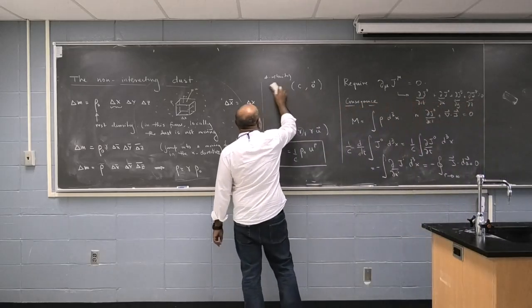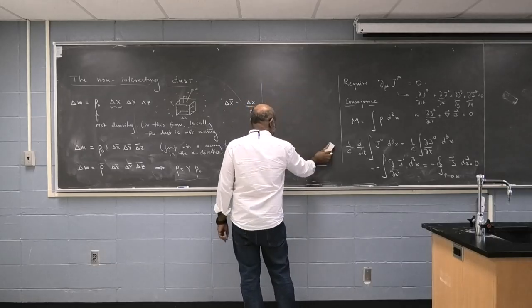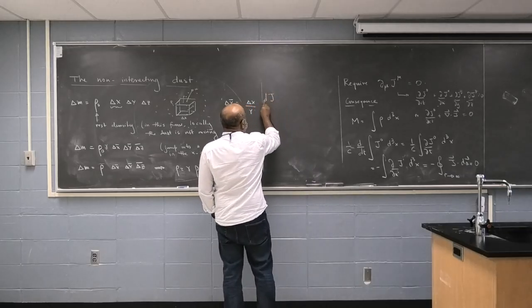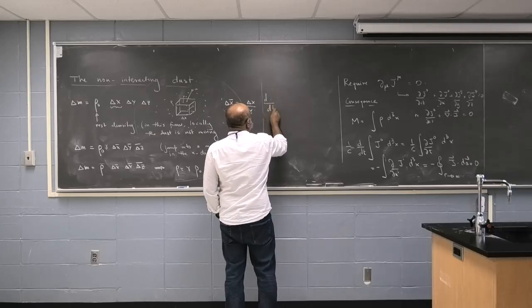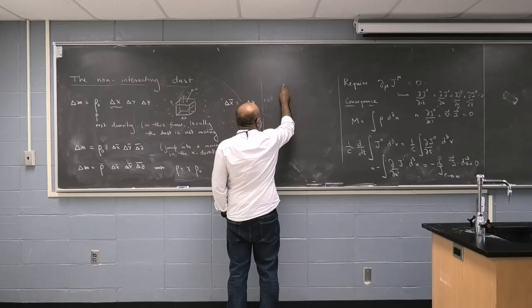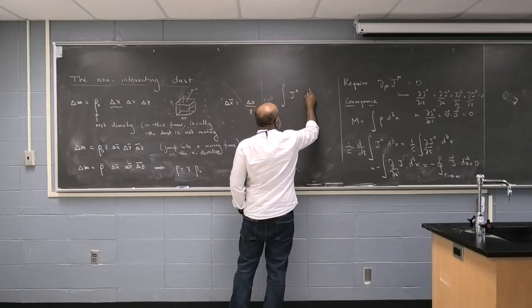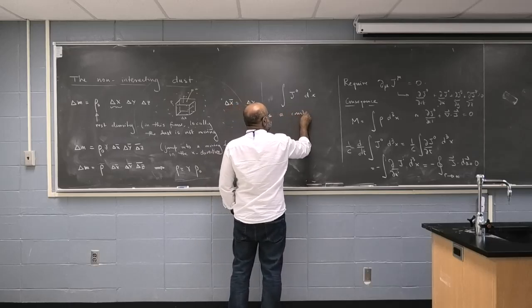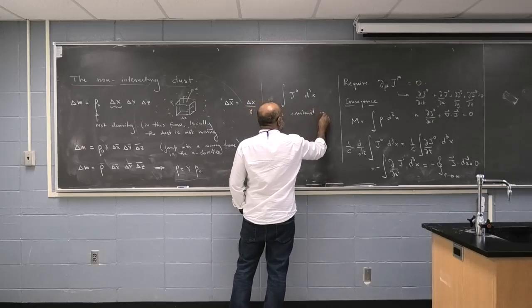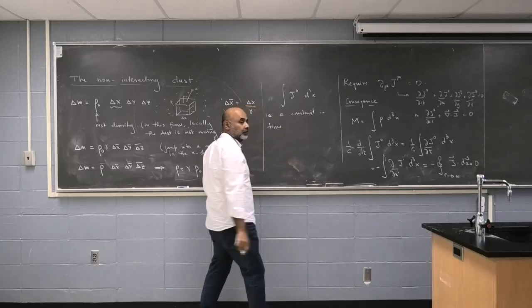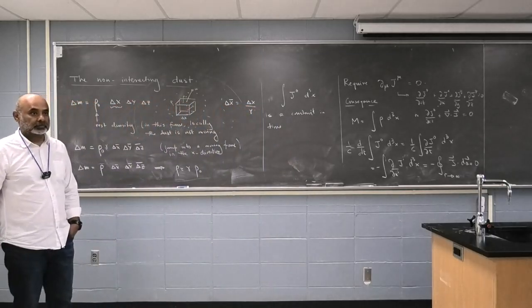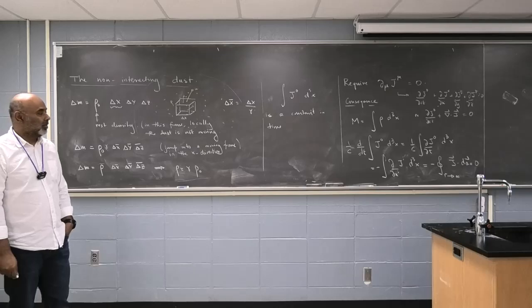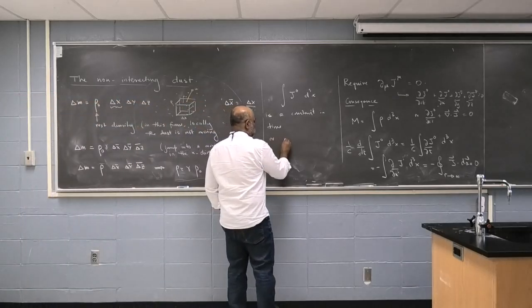That means d/dt of the integral of J0 d cubed x is a constant in time. That means the integral of rho dv.